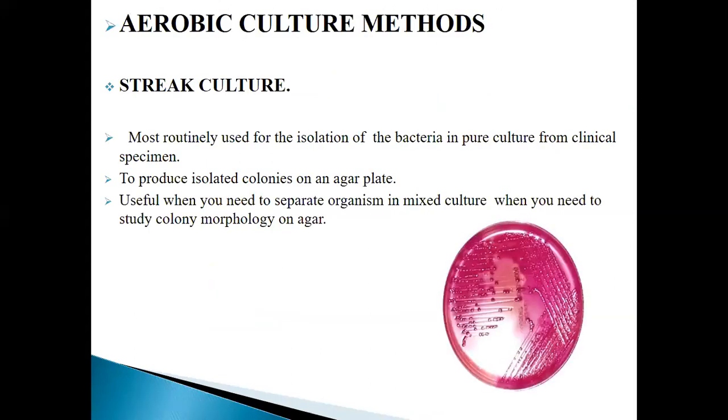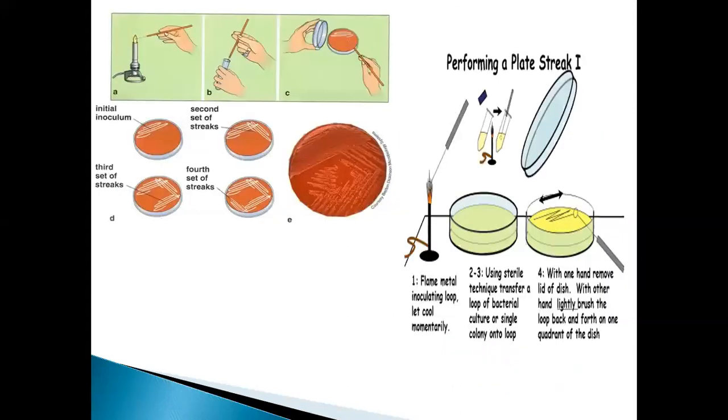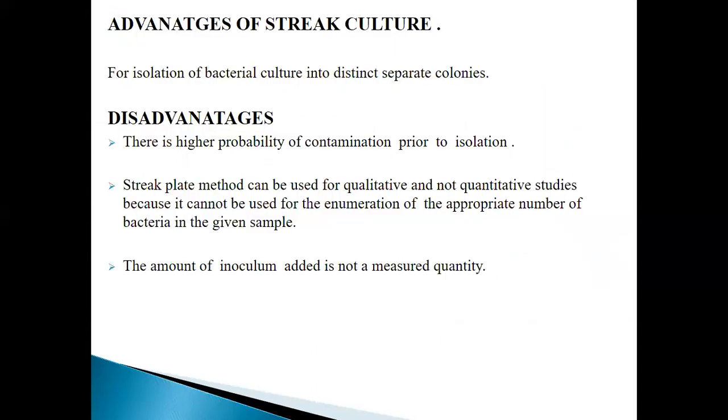This is a streak culture, most commonly used for isolation of bacteria. You can use a simple agar plate, make streaks and grow the bacteria, and you can see the growth pattern. This is the way you make streaks. The advantage of streak culture is isolation of the bacterial culture.